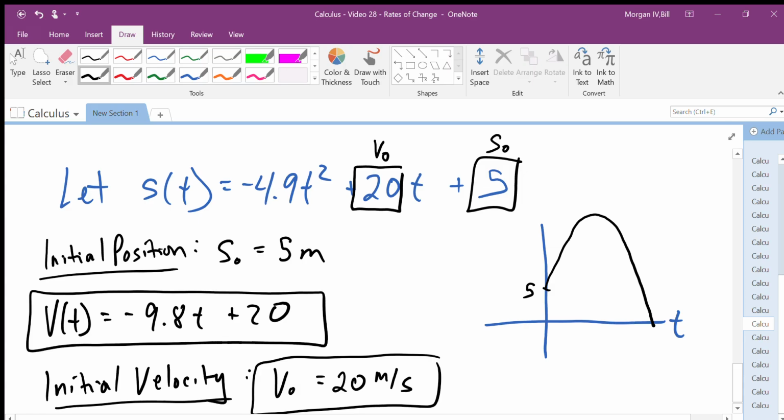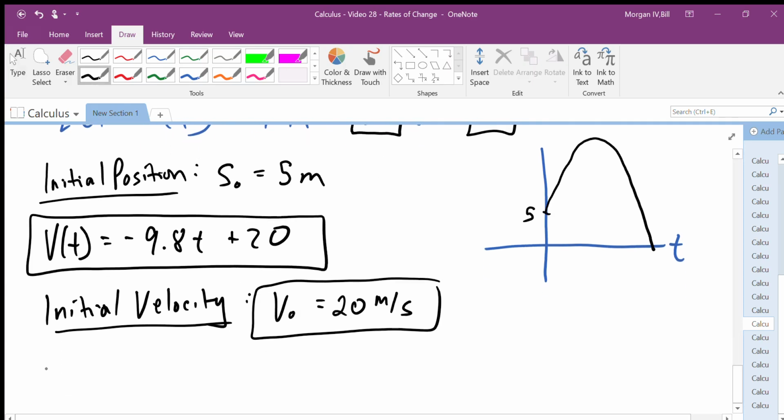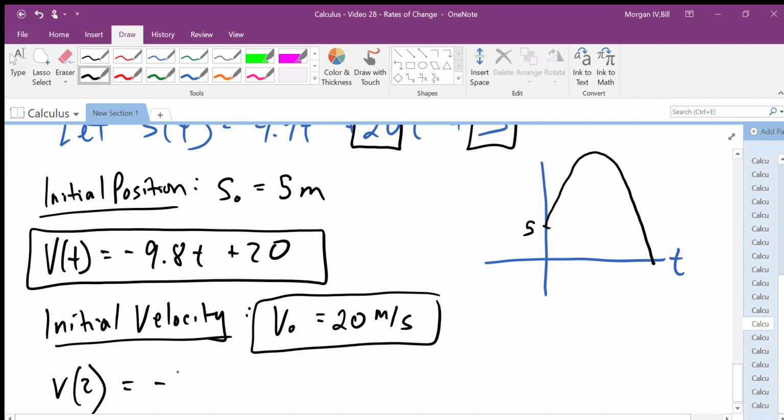Okay, let's go with what is velocity at time 2? What is v of 2? Well, that would be negative 9.8 times 2 plus 20. Negative 9.8 times 2 is, what's that, 19.6? Negative 19.6.